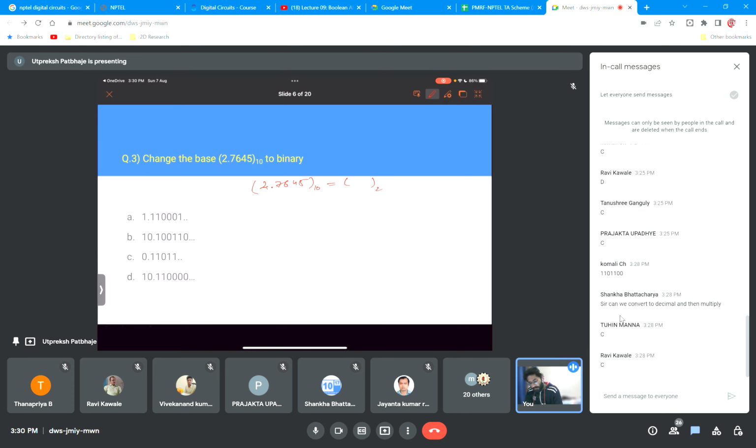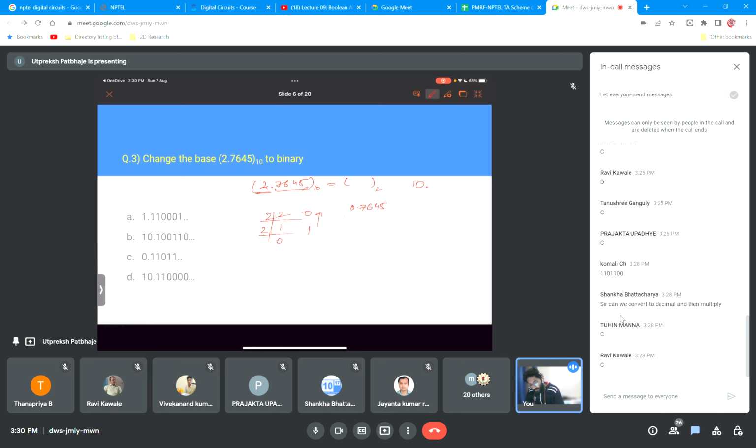Just as we did earlier, I will take the part which is before the decimal and convert it. This will require division, and the part which is after the decimal will require multiplication by 2. As we go on performing this division, this will give out 10 for 2. Then the decimal point is encountered.